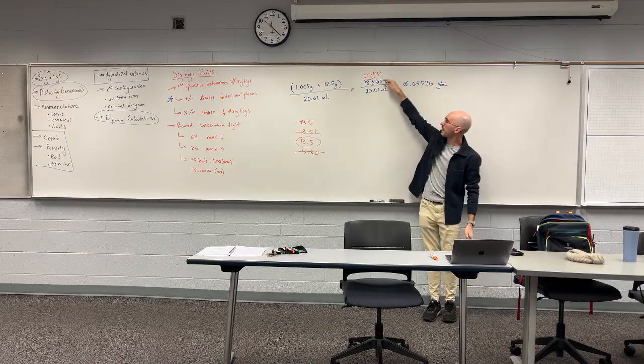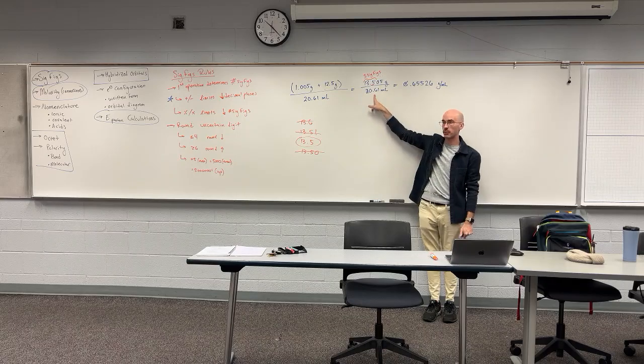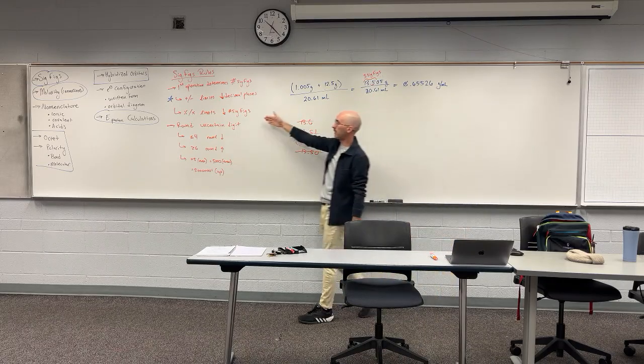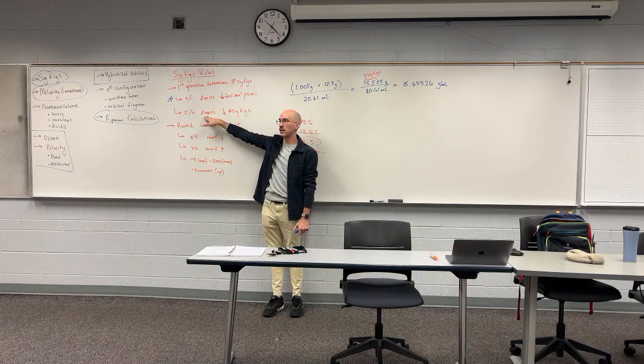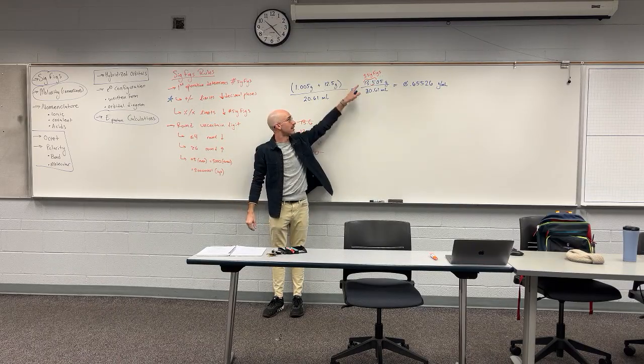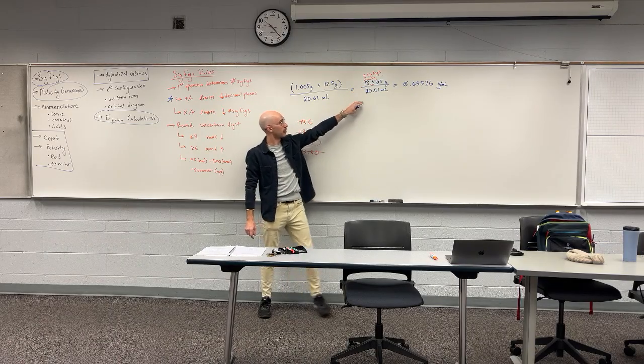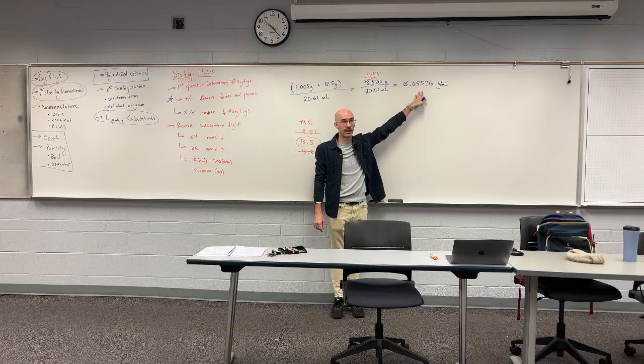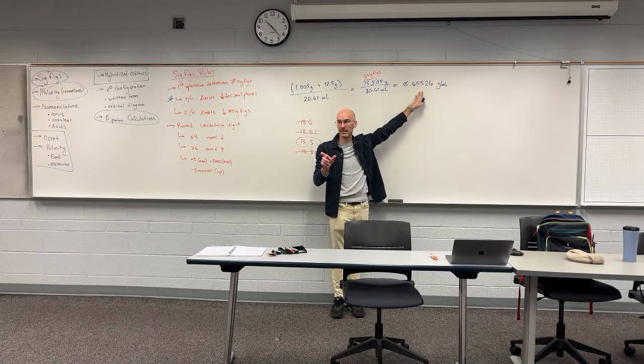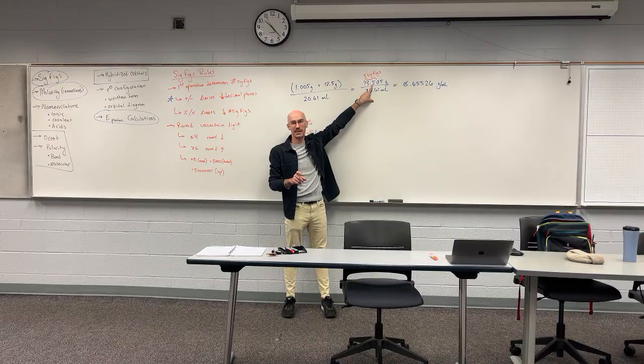Now, I had this number with 5 digits and this number with 4 digits, and we know that in multiplication and division, we round to the least number of significant figures, but actually this just wasn't rounded. This truly has 3 sig figs, so I'm rounding to 3 sig figs here as well. I'm not necessarily rounding to 1 decimal place.